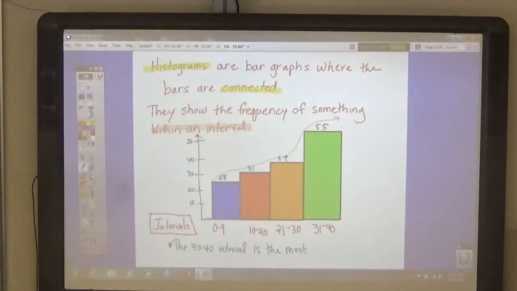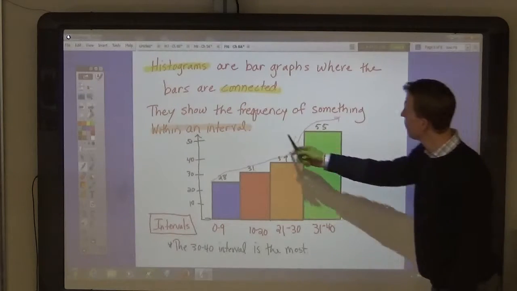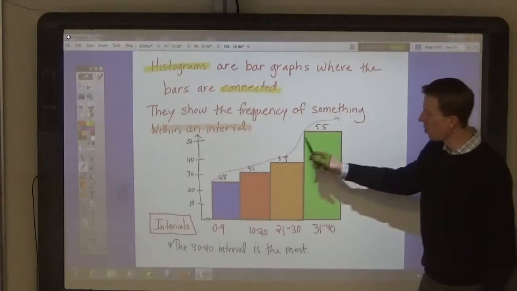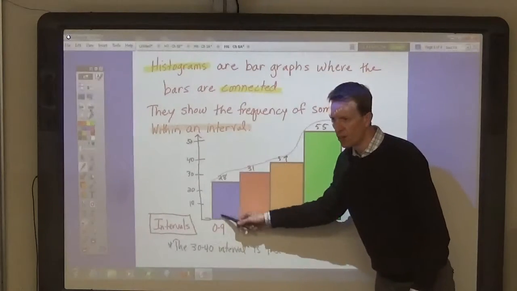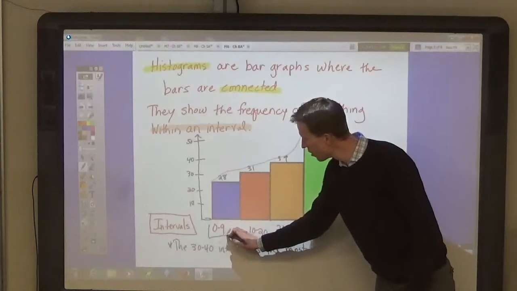Write this down. They show the frequency of something. They show how many occur within a group or within an interval.